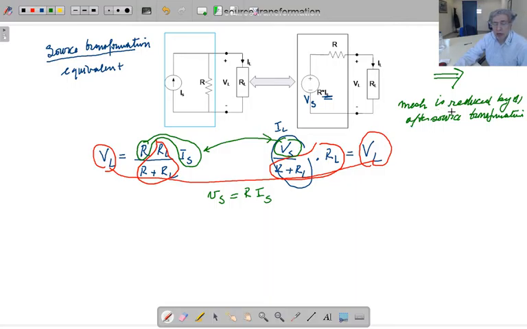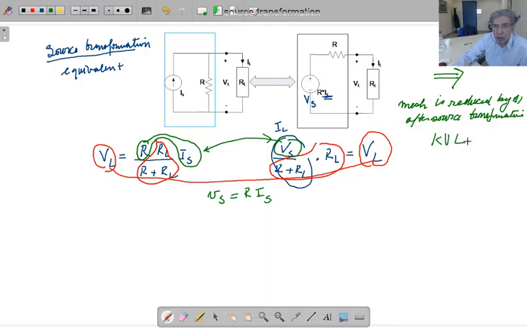So how am I going to use that information? If this circuit is given to you and you made the decision to analyze this circuit by using the mesh current method, you're going to write KVL equations.